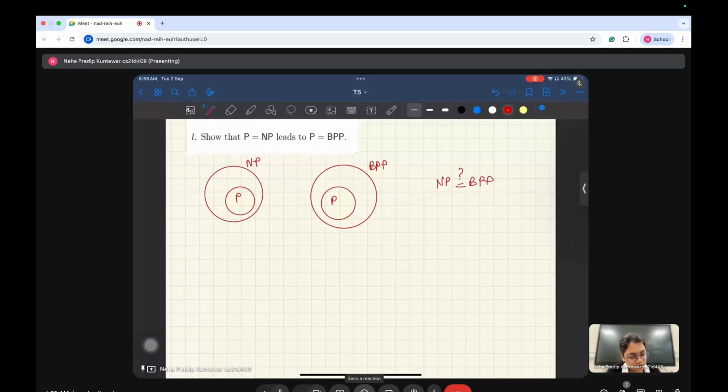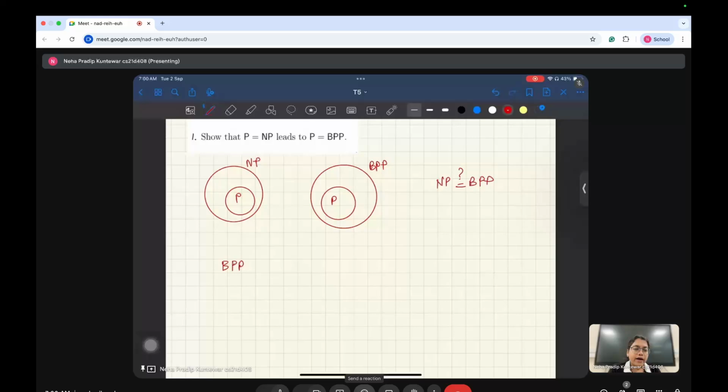So what the question really says is that, let's say we knew that P were equal to NP, then that would imply that BPP is indeed equal to P. So how do we show that? We'll use this theorem that we know, that BPP is contained inside sigma 2P intersection pi 2P.